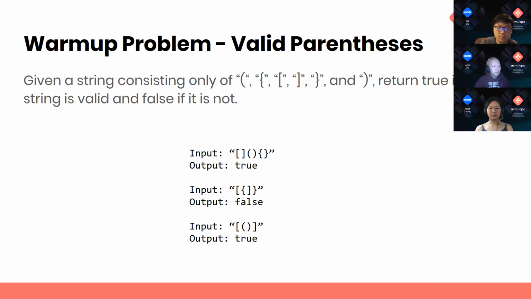I'll read the question and restate what it's asking. We're given a string consisting of only these 3 sets of parentheses, and we return true if the string is valid and false if it's not. Obviously you know what valid parentheses are, and the inputs should tell you what it means to be valid.